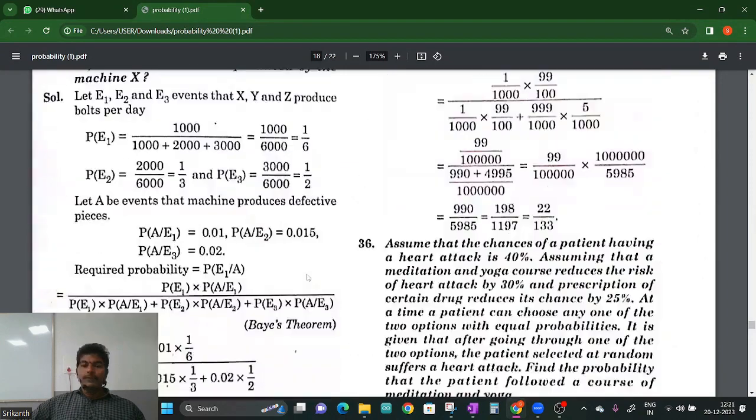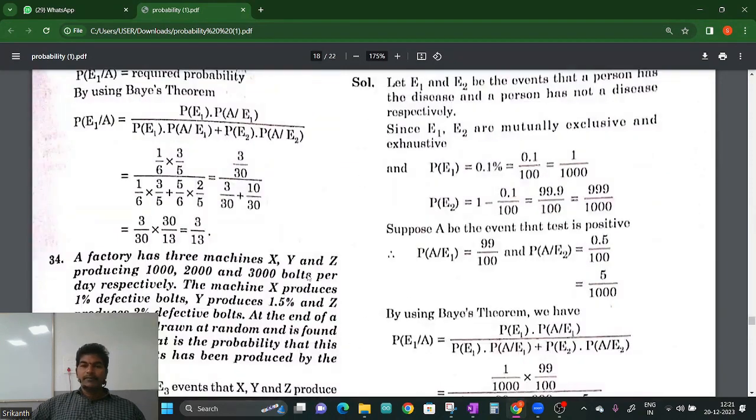Okay. So look at the scenario of solving. Let us suppose E1, E2 be events that a person has the disease and a person has not the disease. What is the probability the person has the disease? 0.1%. 0.1% means 0.1 by 100. That means 0.001. P of E2 is 1 minus 0.1%.